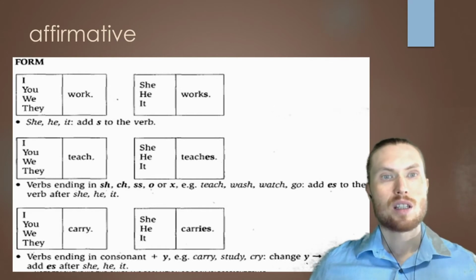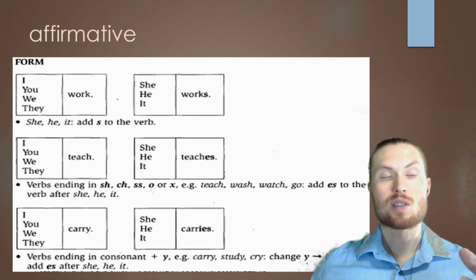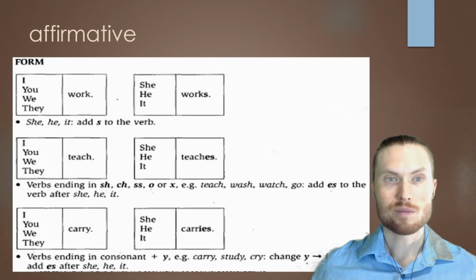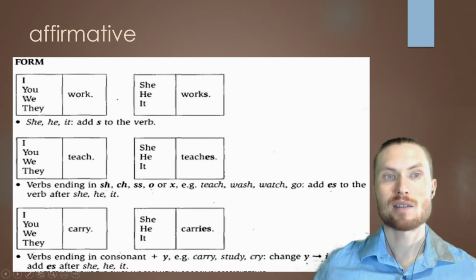So I, you, we, they. So this is plural. So looking at the top here, plural and I work. No S. But for he, she, it, singular works. So we should add an S or ES or IES in singular.